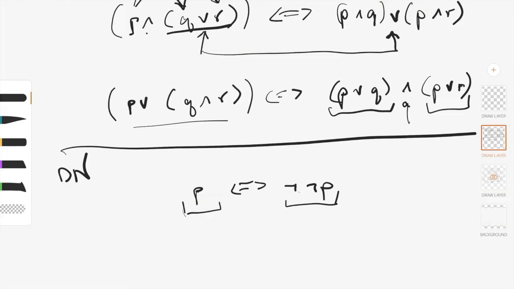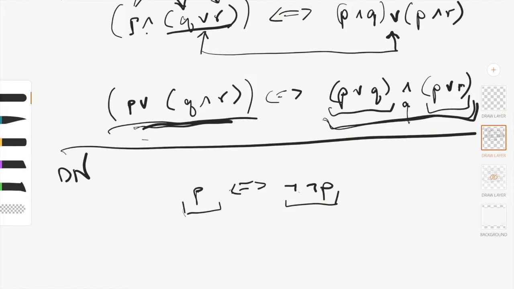So the reason that this is a double-headed sign that I've used to indicate logical equivalence is because it should remind you that you can substitute in both directions. So this can be rewritten as this, or this whole expression can be rewritten as this, depending on what you need to advance a proof.